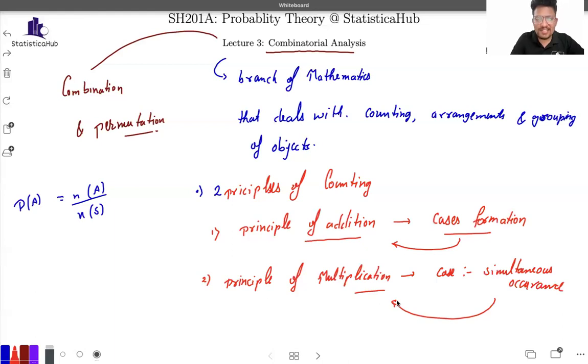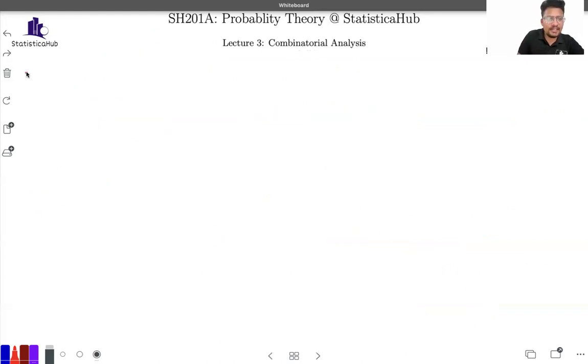Okay, so what does that mean? We have two principles for counting, addition and multiplication. When there is some case formation, we go for the principle of addition. When there is simultaneous occurrence of some events, then we go for the principle of multiplication. Let's try to understand it in a more detailed format.